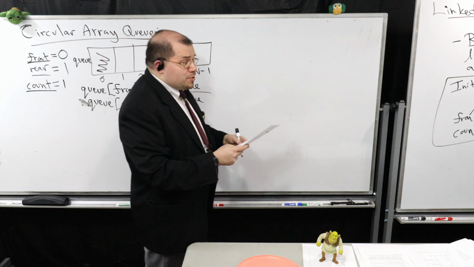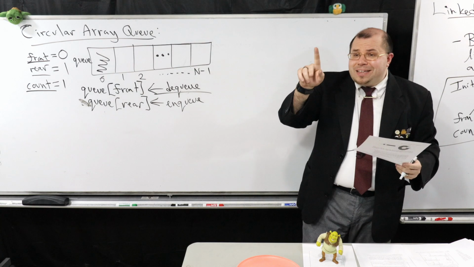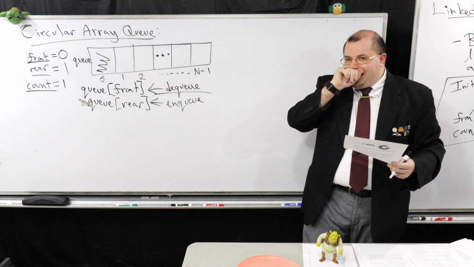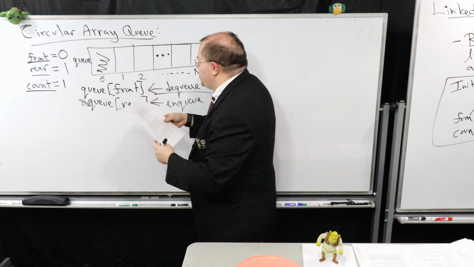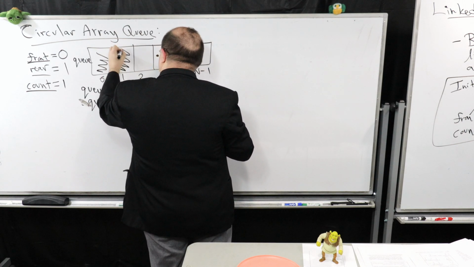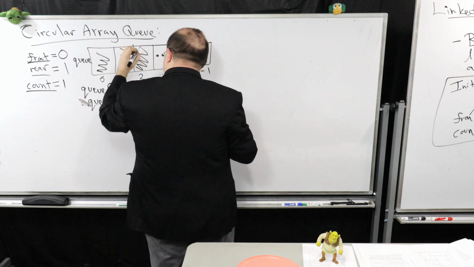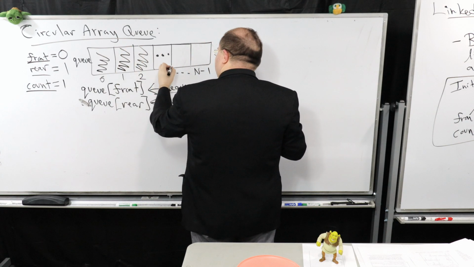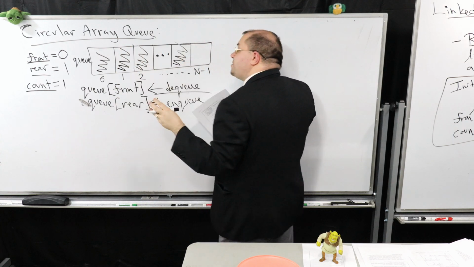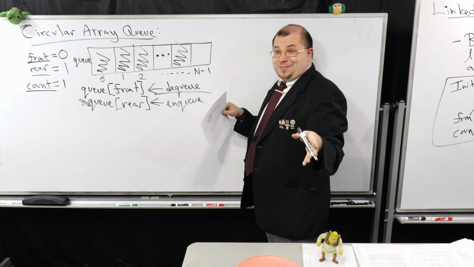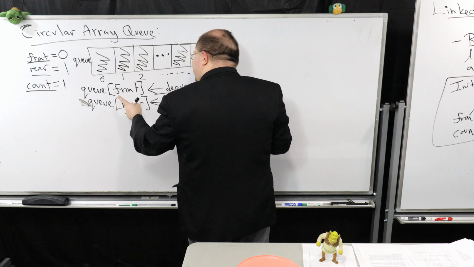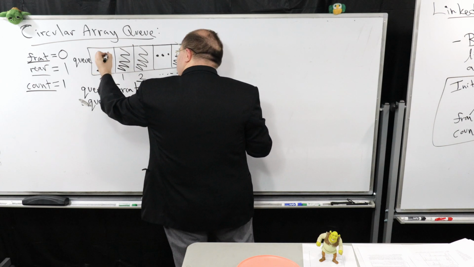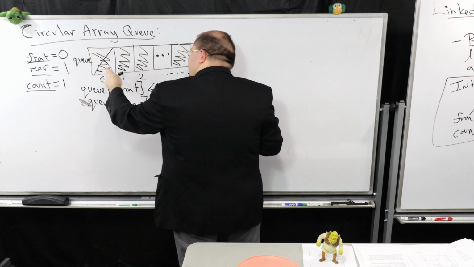Now, I want to present a weird conundrum to you, and we're going to leave it on this conundrum. Suppose I did a whole bunch of enqueue operations. Whenever I enqueue, I put it on the rear. And suppose I do a whole bunch of dequeue operations. Every time I do a dequeue operation, it's this one, right?